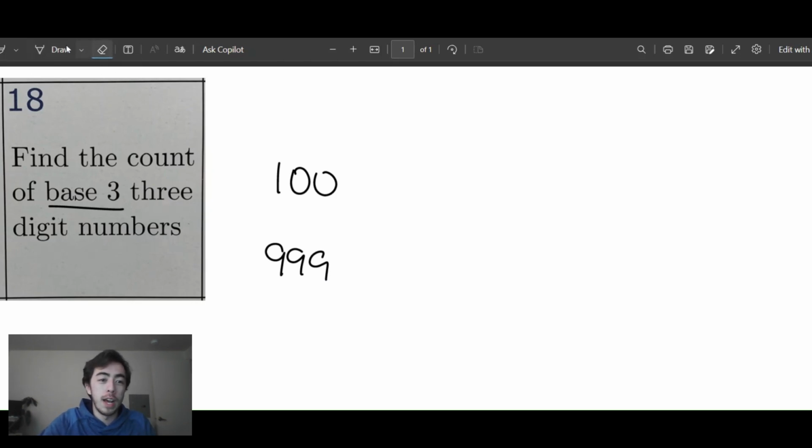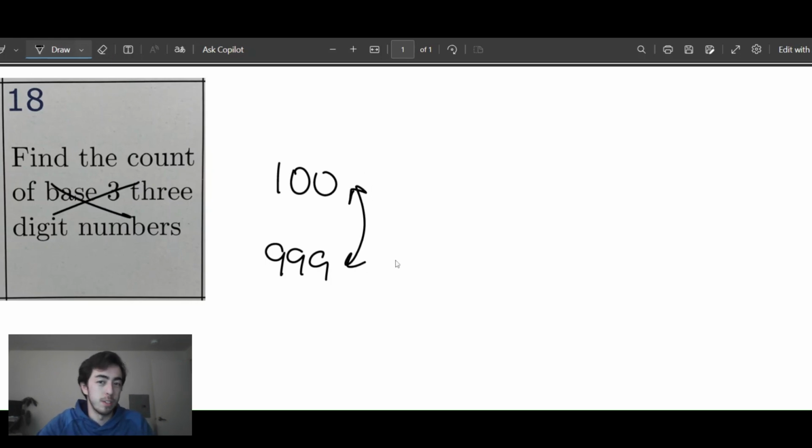And so if we were asked to find the count of three-digit numbers, it would be all the numbers between 100 and 999. If you want to count the amount of numbers between two numbers, you subtract them, but then add one, if you want to include both. Like if we want all the numbers between 5 and 8, there's 5, 6, 7, and 8. So there's four numbers, but if you just do the subtraction, you're only going to get the number 3.